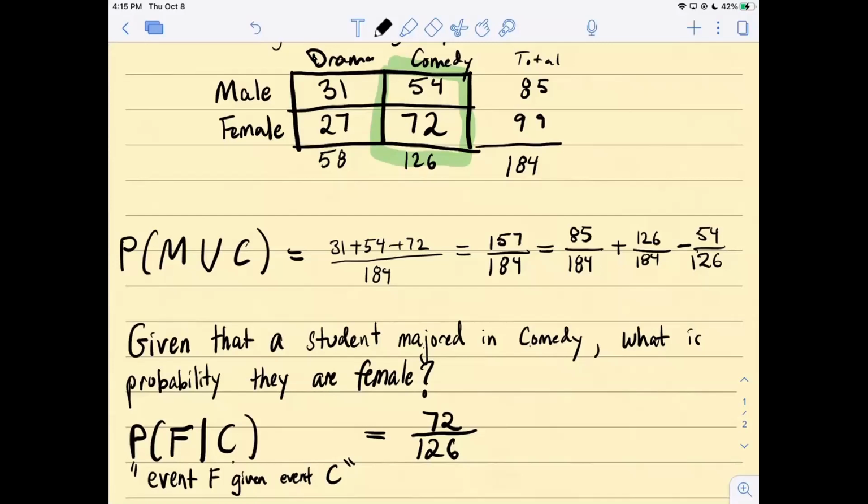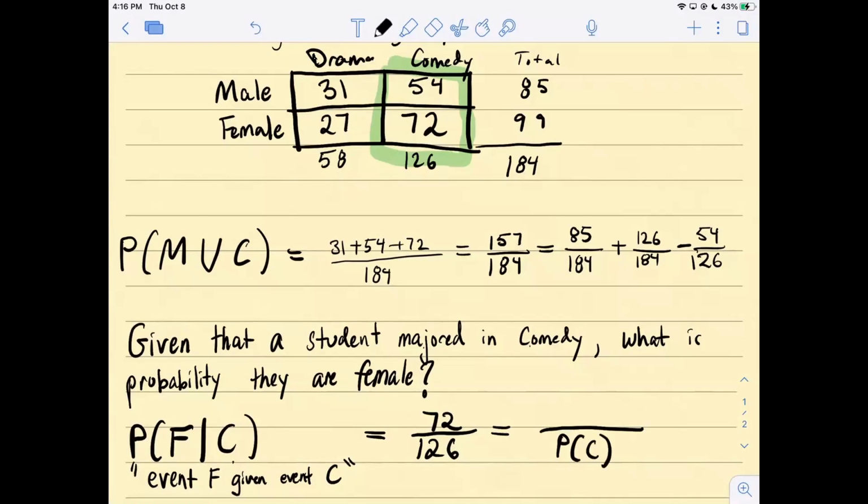And I'm going to write a formula down and just make sure you really believe what this formula is saying. There's a nice formula for conditional probability, and it's the percentage of people overall that are studying comedy. So that could be written as the probability of comedy.